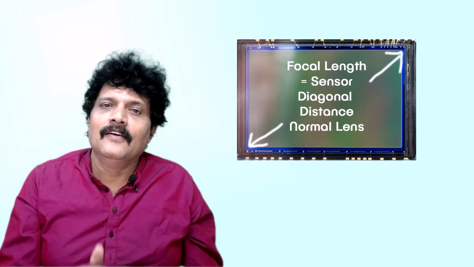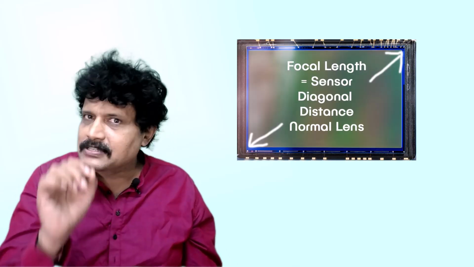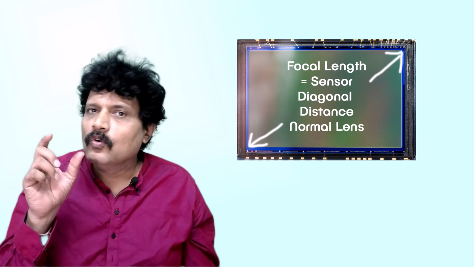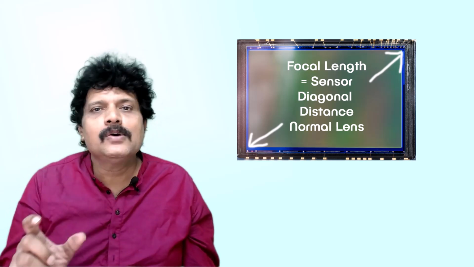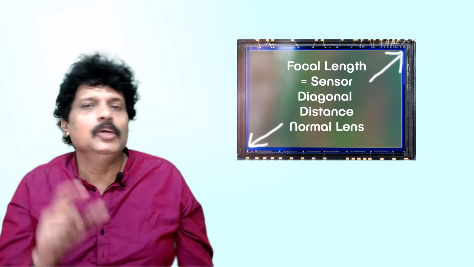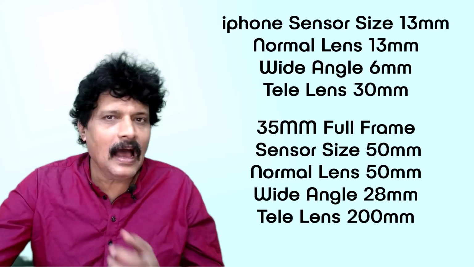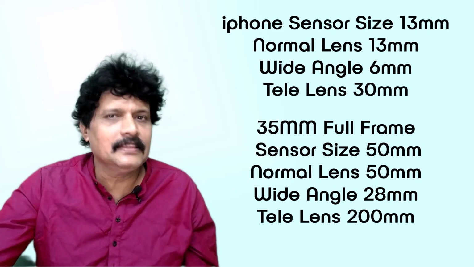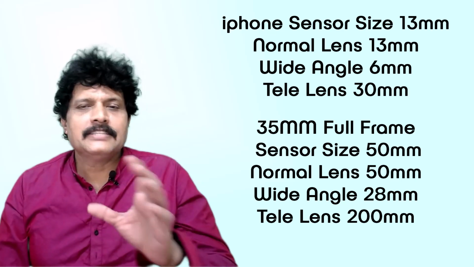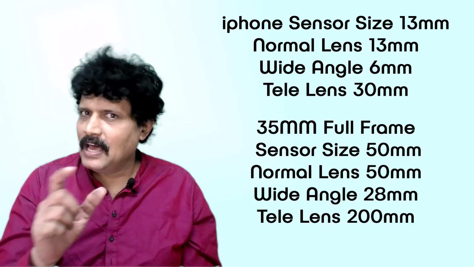Normally here we call a lens a normal lens. A normal lens is a lens whose focal length is equal to the diagonal distance of your sensor. In iPhone, the sensor that we are using has a diameter of approximately 7 mm.